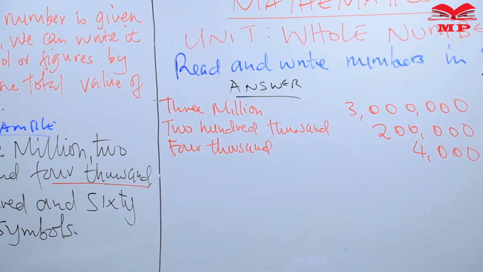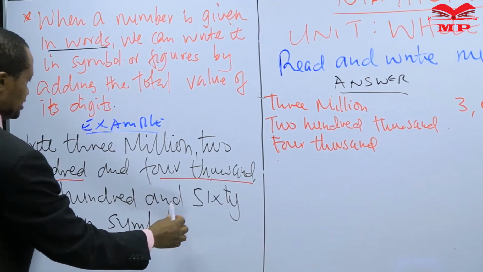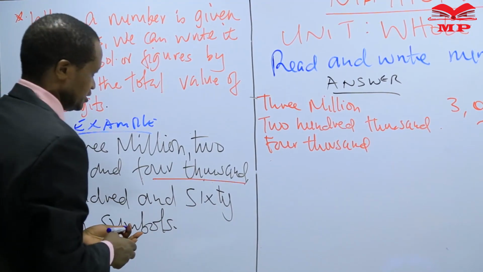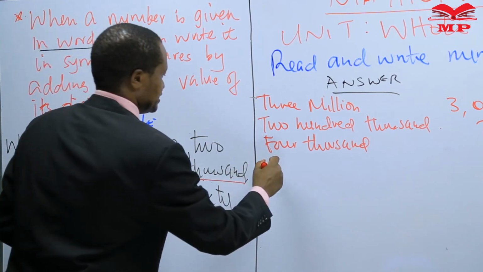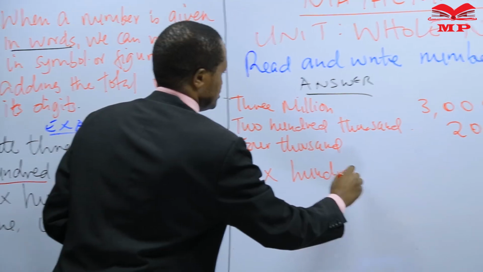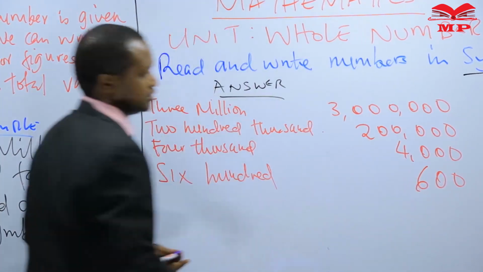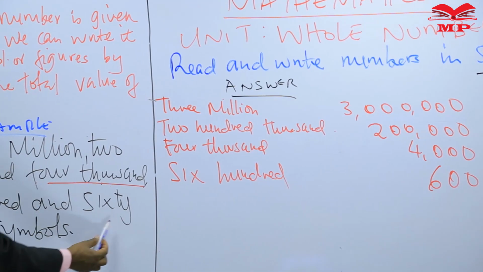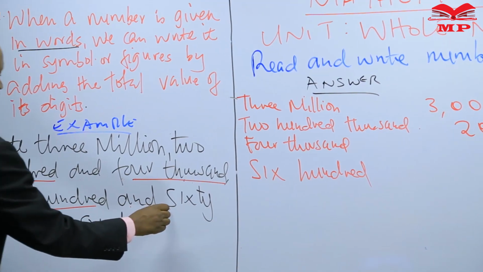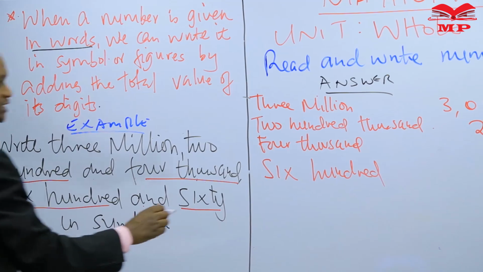Yes. After that, we have 661. So we come here and write 600, written as 600. 600 and 61.